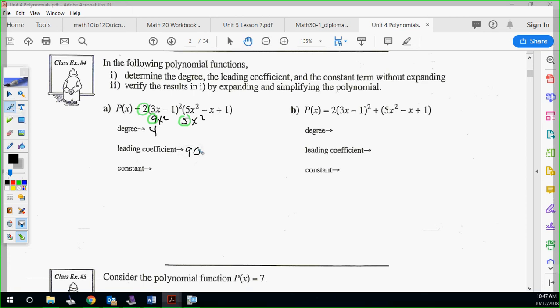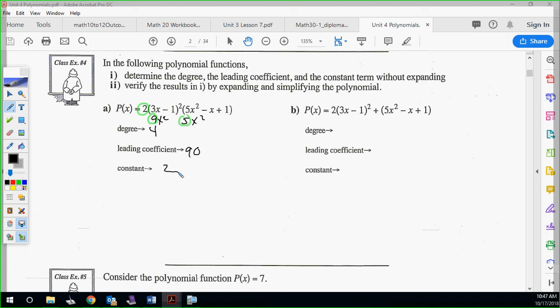Okay, we doing okay? Okay. Now, the negative 1 squared is 1, times 2 is 2, times 1 is 2. So you're going to have 2 for your constant here. I'm just looking at the constants. Like I don't care about stuff that's happened in the middle.